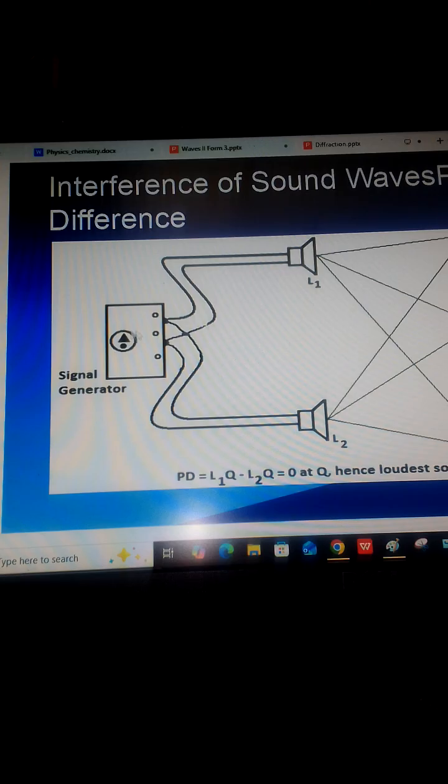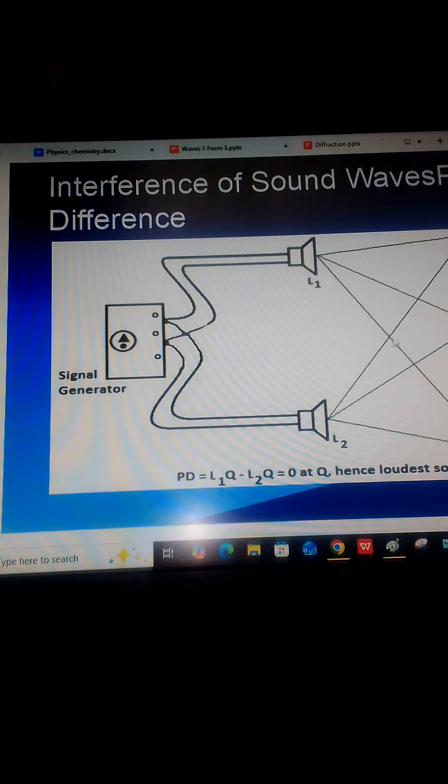So this is the signal generator, and the two speakers are connected to this signal generator, so that sound waves from each of the speakers are in phase. So the sound waves from these two speakers are in phase.